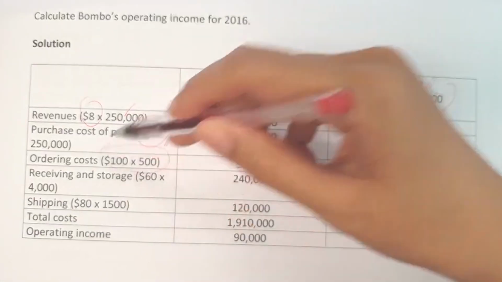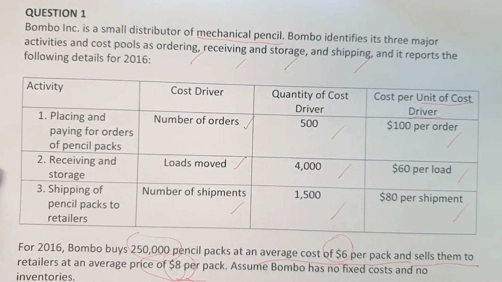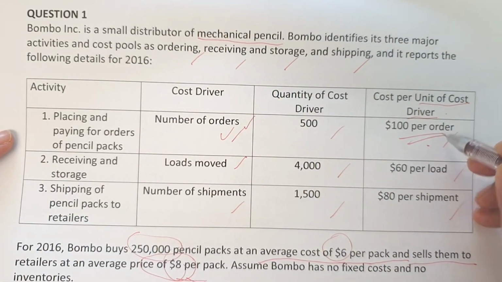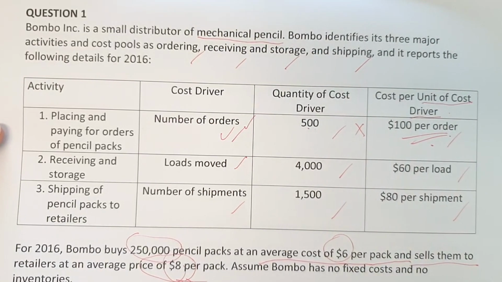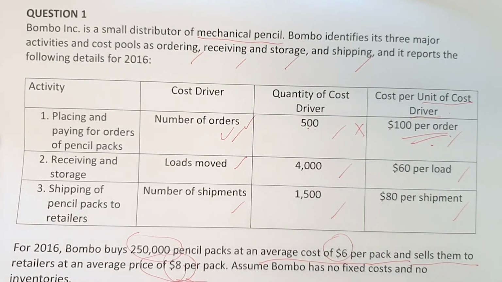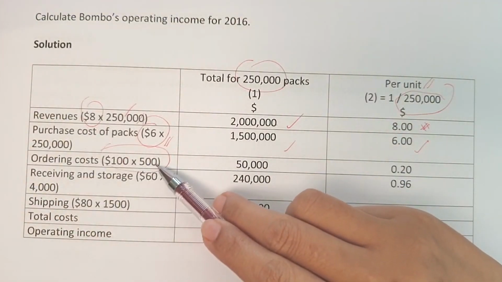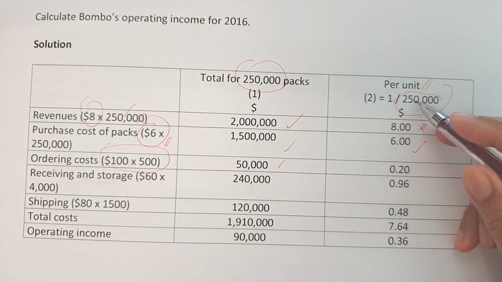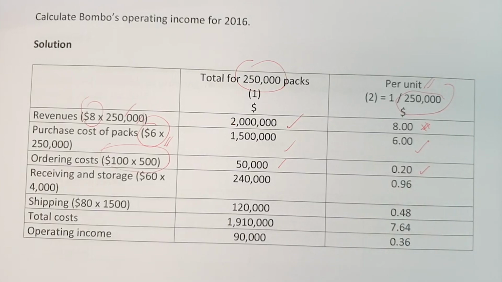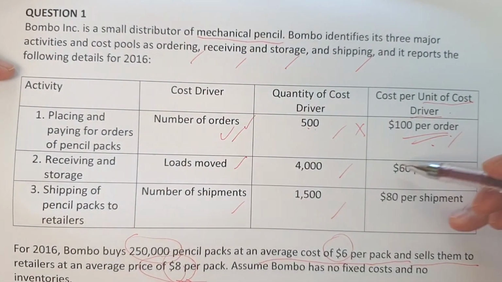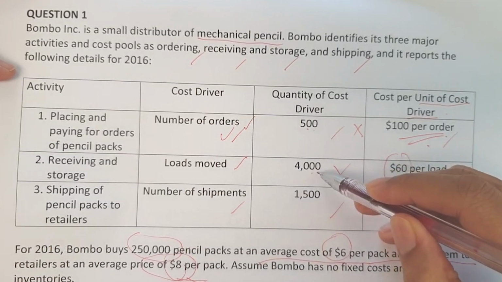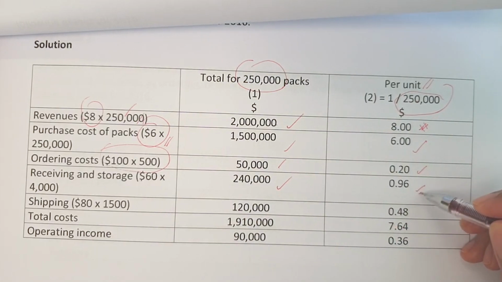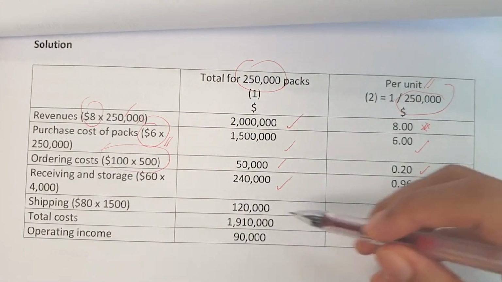Ordering cost is 100 per order times 500, which is the quantity of the cost driver. So 100 times 500, we get 50,000. Divide by 250,000, 0.20. Receiving and storage is similar. This is 60 per load times 4,000, and we get 240,000, and this is the per unit figure after dividing by 250,000.